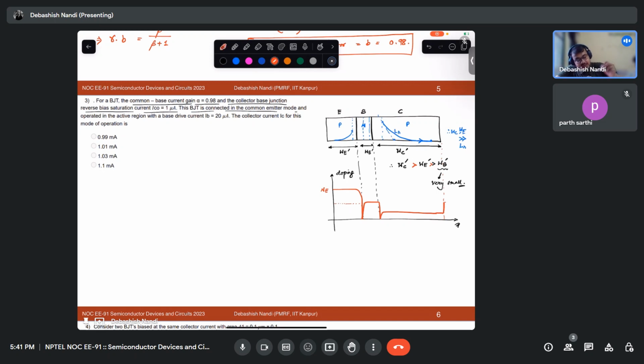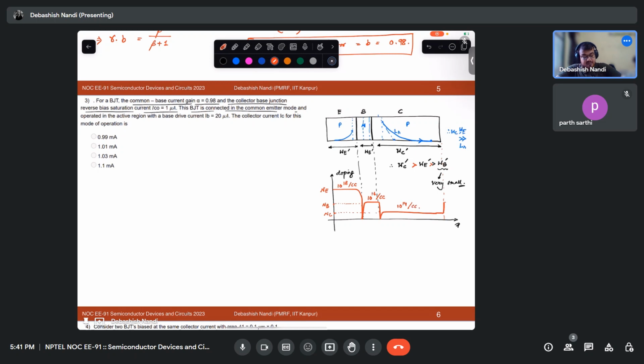As I was telling, this is your Ne, this is your Nb, and this is your Nc. Okay, so it will be around 10 raised to 18, around 10 raised to 16, and around 10 raised to 14 per cc. This will be the typical doping.